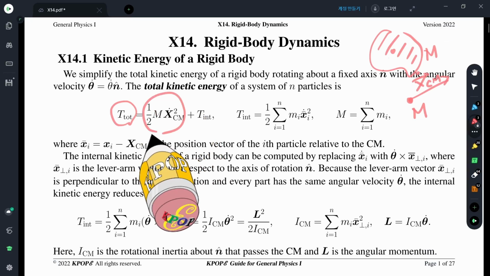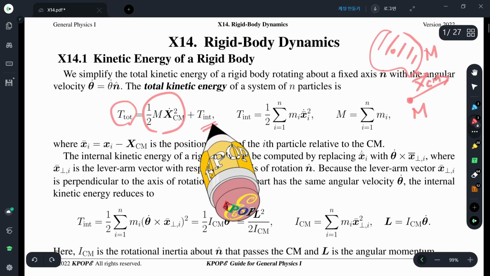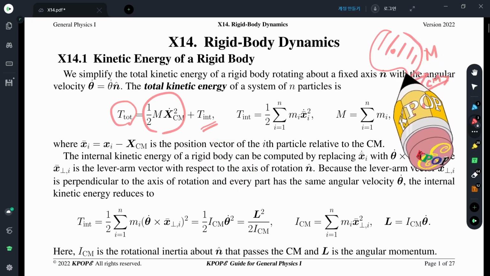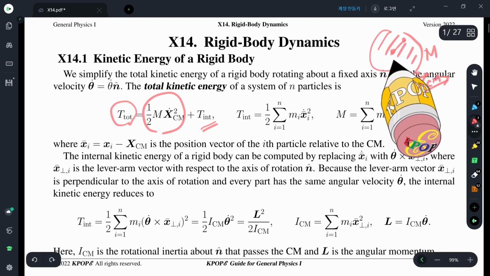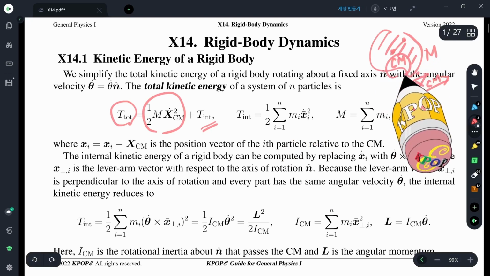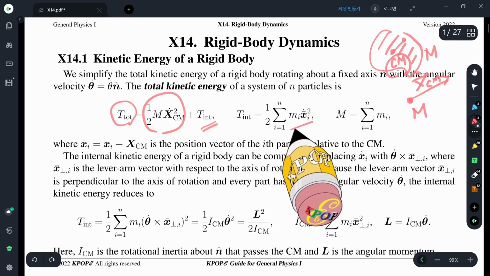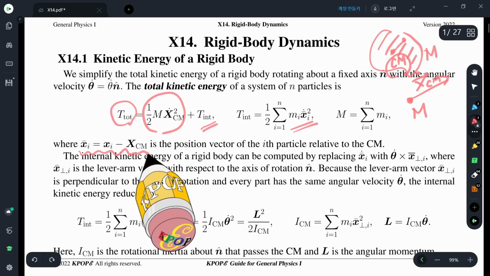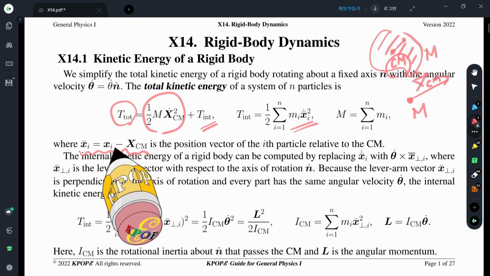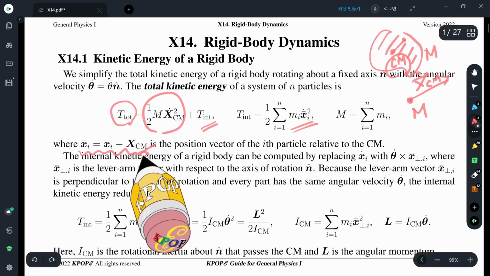The other contribution is the internal kinetic energy, due to the relative motion of each particle with respect to the center of mass. Hence, this is expressed as the time derivative of a relative coordinate, relative to the center of mass.